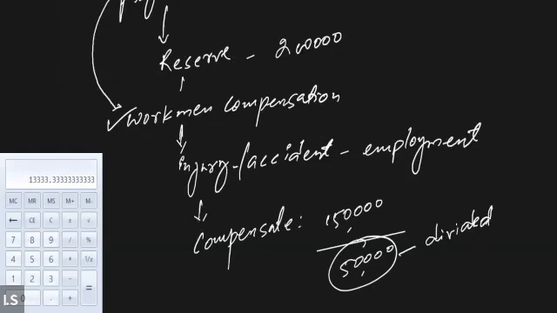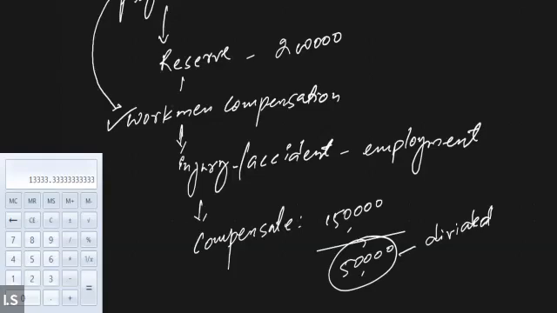All right, everyone. So workman compensation reserve is a reserve which is created out of the firm's profit to meet the possible liability to pay compensation to employees if it arises. There is a possibility that such liability may not arise.